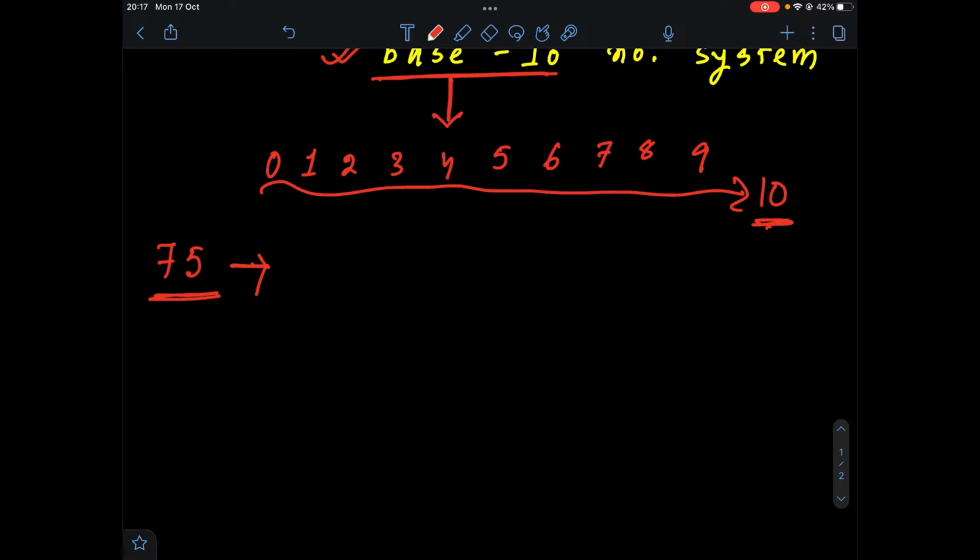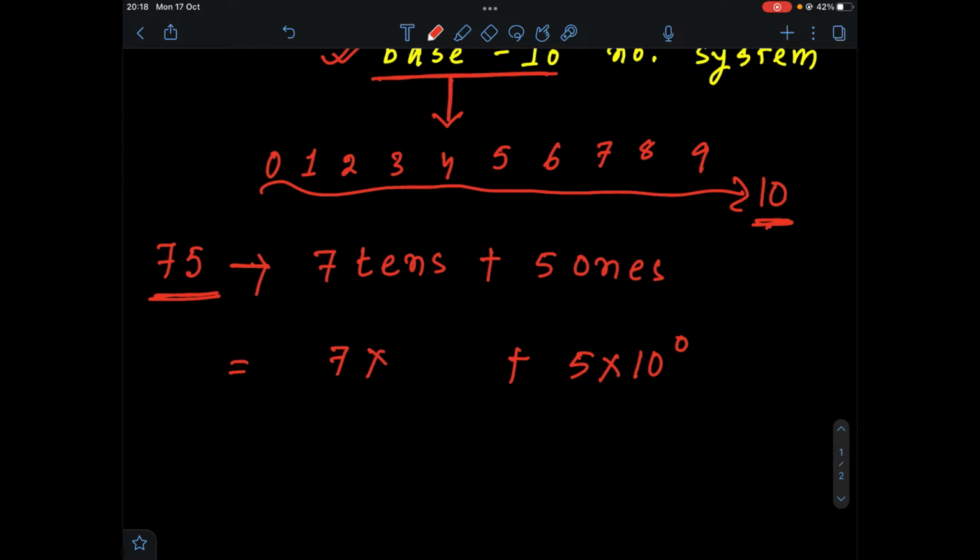So how can we represent this in terms of 10? Obviously, this means 7 tens plus 5 ones. That means 5 into 10 to the power 0 plus 7 into 10 to the power 1.